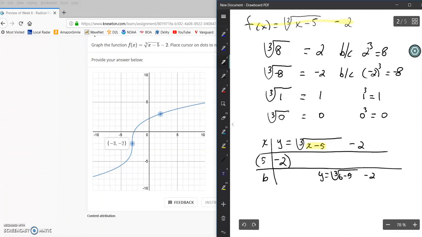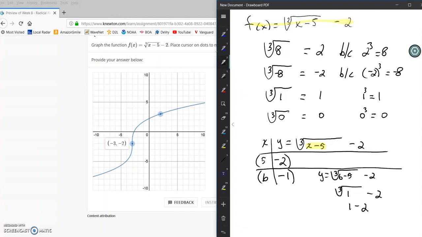The cube root of 6 minus 5 would be the cube root of 1, since 6 minus 5 is 1. And the cube root of 1 is 1. And 1 minus 2 would be a negative 1. So here are 2 points that I can plot and draw the graph.